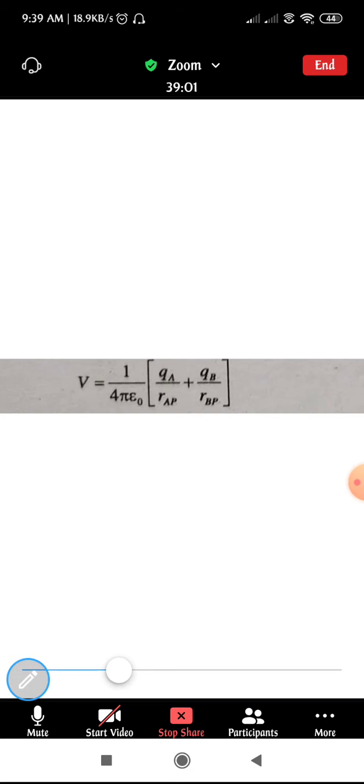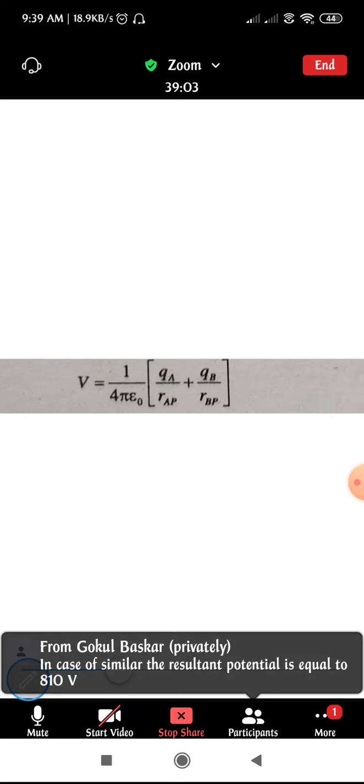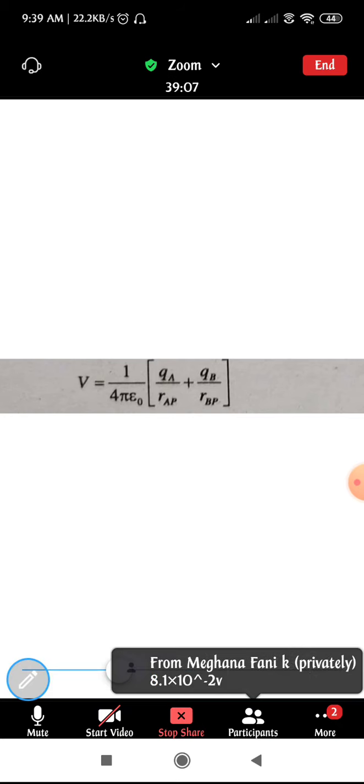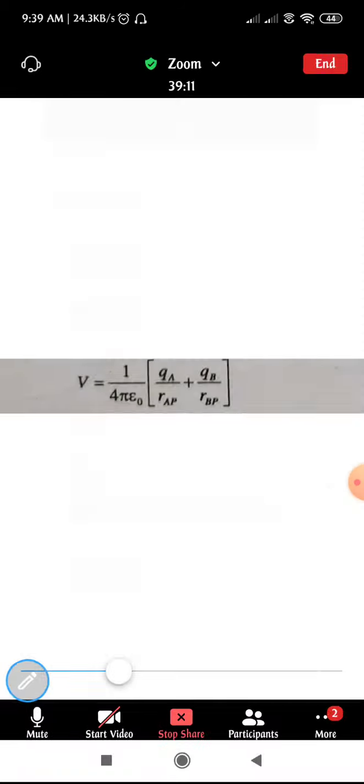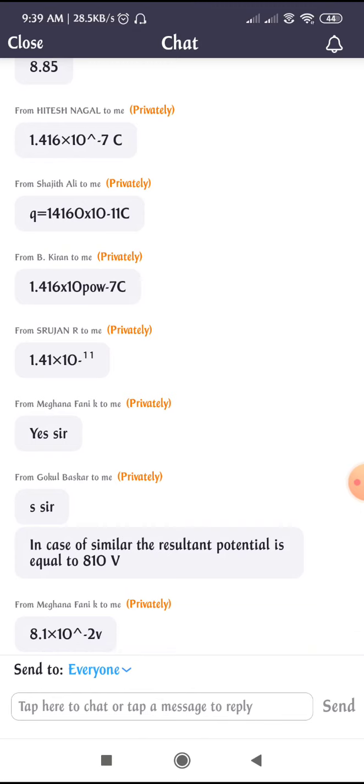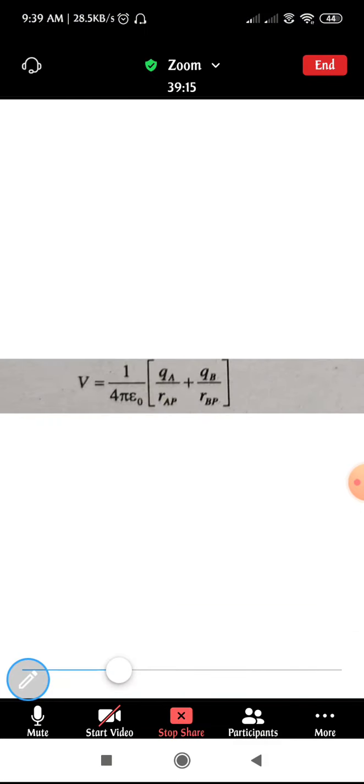Okay, do one thing, not a problem. Gokul, in case of similar charges, the resultant potential is 810 volt. Yes, good.